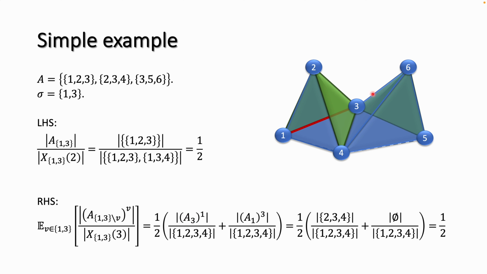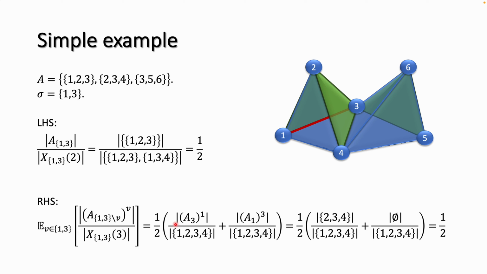Because all triangles here contain the vertex 3, but only this triangle 2, 3, 4 is in the restriction to the vertex 1. So the localization of A to the vertex 3 is all these green triangles, but only 2, 3, 4 is a triangle that together with 1 forms a pyramid.